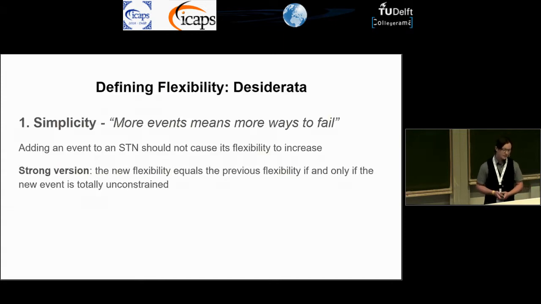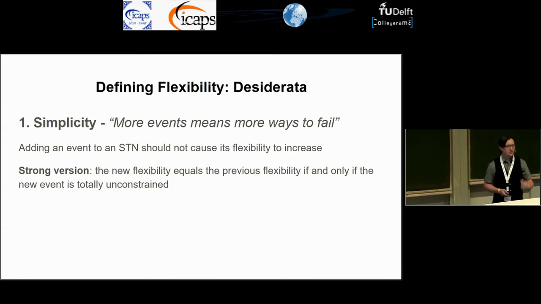If you had a different model of uncertainty in your STN, then you might want to rework or reconsider these properties. So the first of our desiderata is simplicity. And this captures the idea that if your STN has more events, that is adding complexity, it's adding ways to fail, and so it should be considered less flexible. So we say that a metric has simplicity if you have an STN, adding an event to that STN will not cause flexibility to increase.